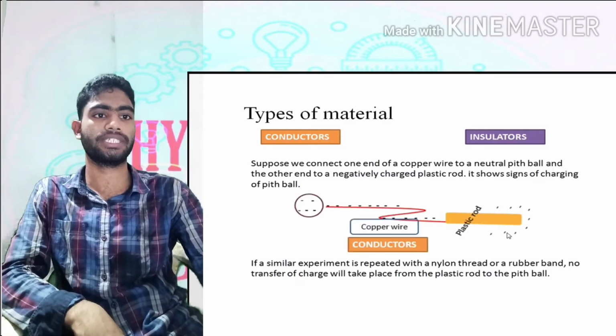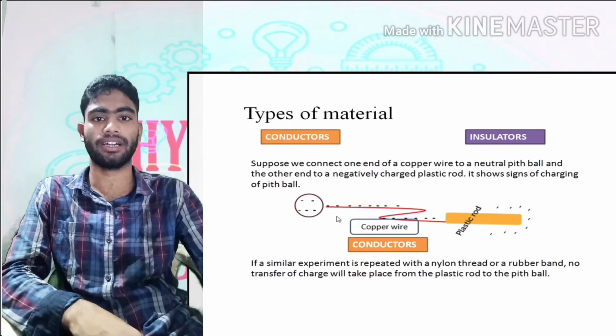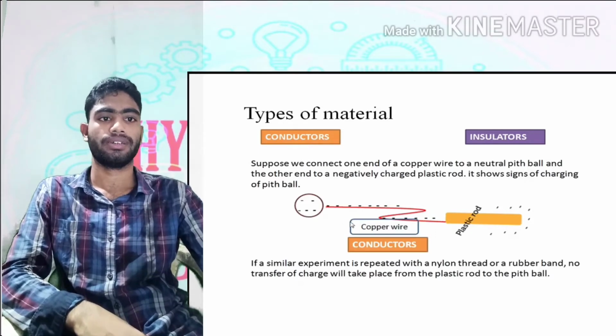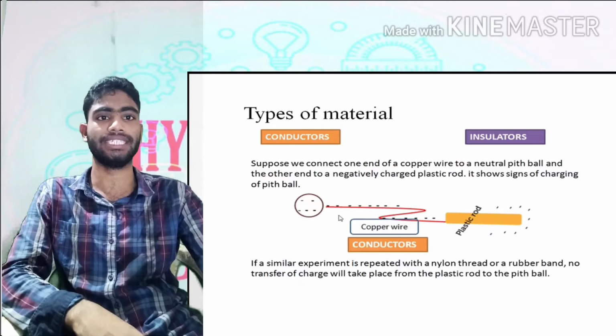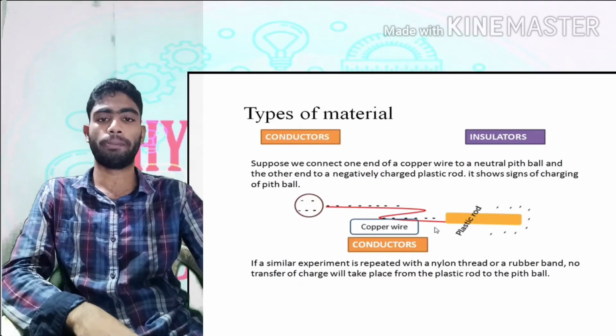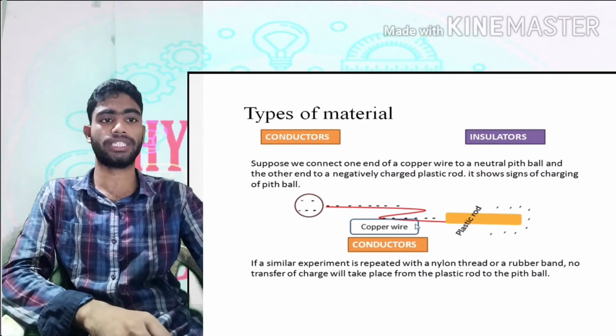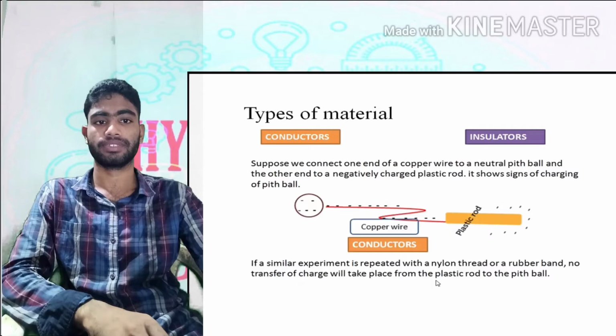Look at this picture. When I connect a plastic rod with a pith ball by a copper wire, we get a sign of charging of the pith ball. When we connect the plastic rod with the pith ball, we find that the charge transfers from the plastic rod to the pith ball if we connect them by a copper wire.